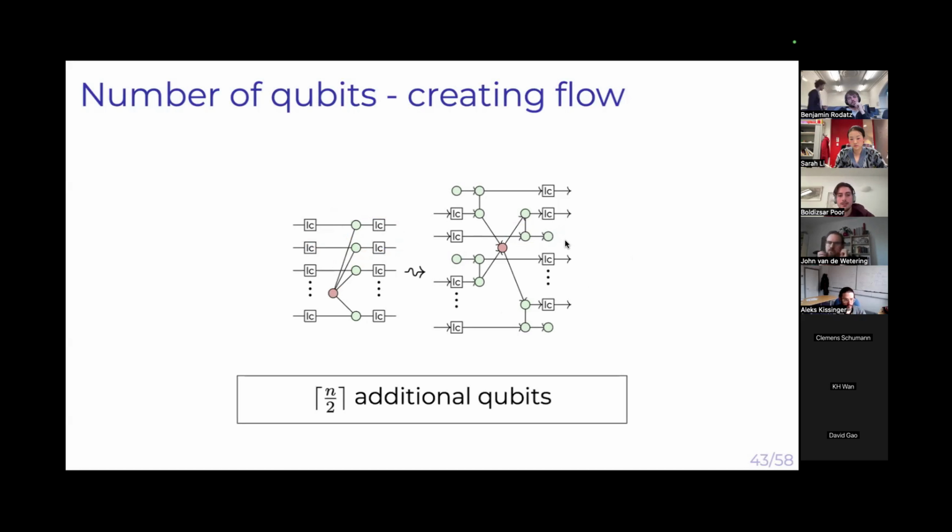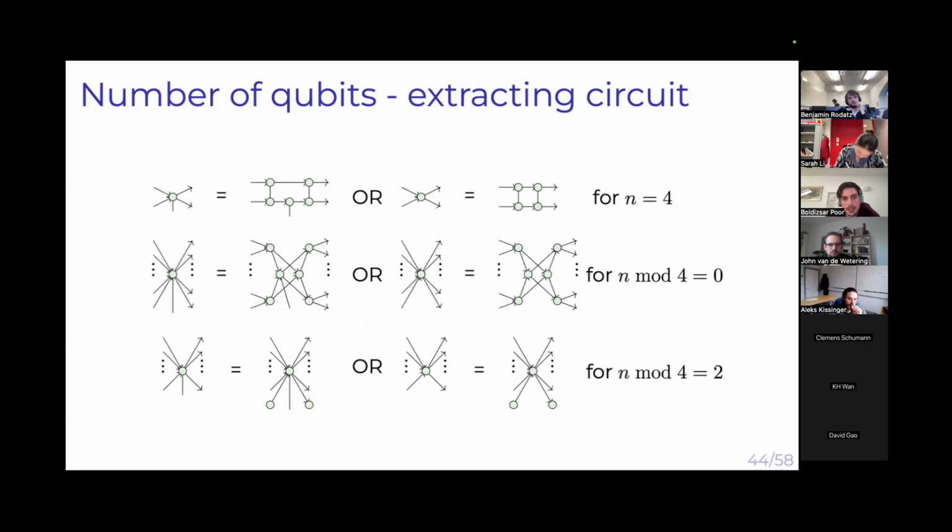So n over 2 additional qubits. And then here, this is about the number of qubits we get. So at each point, we get a number of extra qubits.